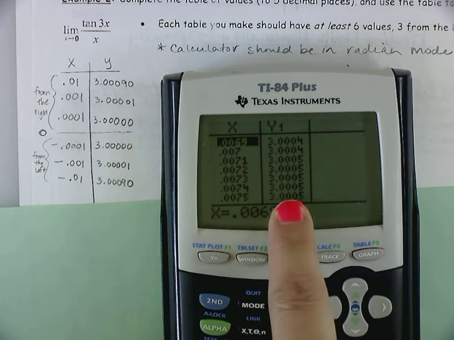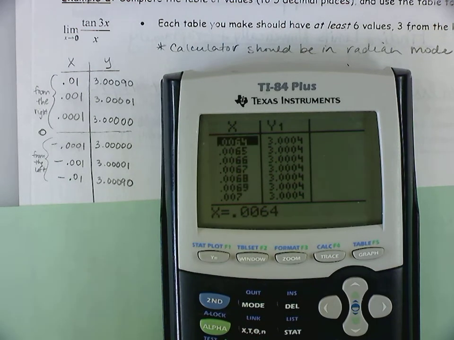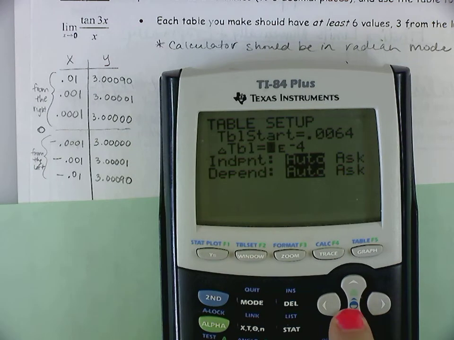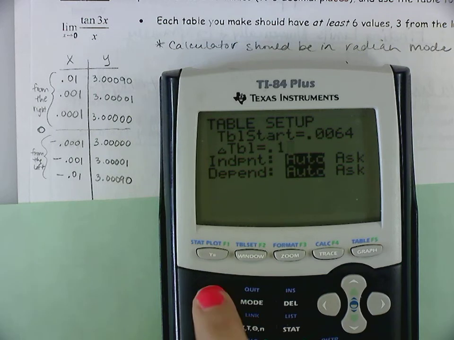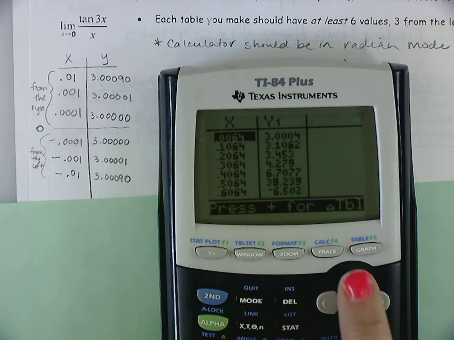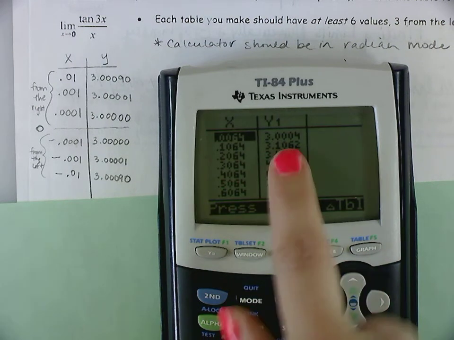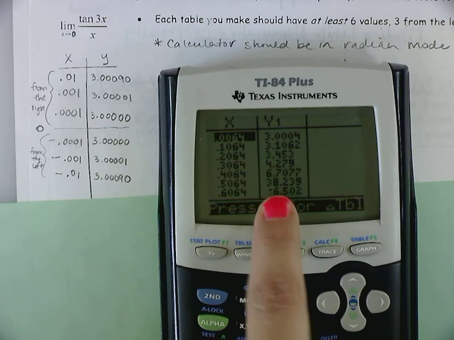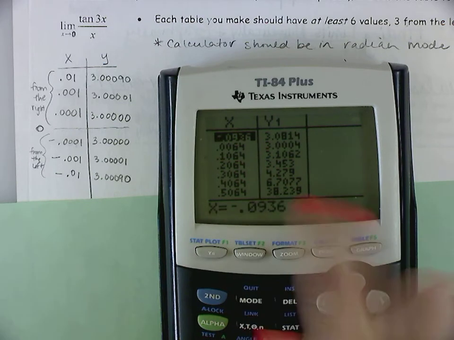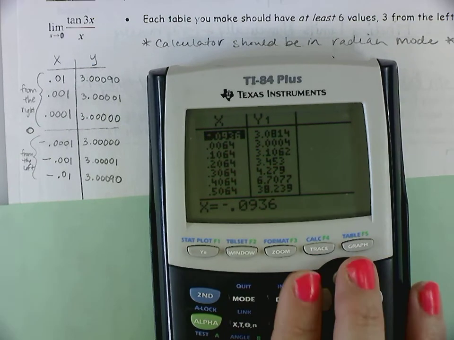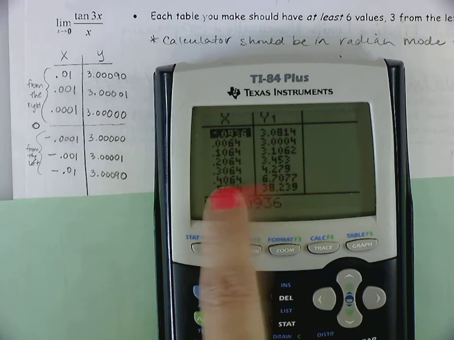But see how all of these are the same? That's why if you're too close, you're going to get the exact same thing for all of them. You can also bring it out a little bit more. Let's just do 0.1. Even if I just went by 0.1, do you guys see how different this looks than if I'm really, really close to it?